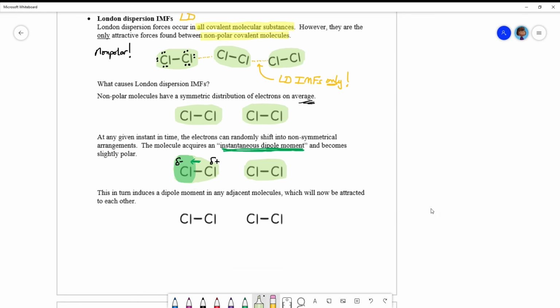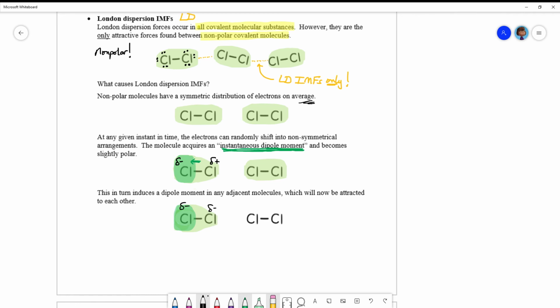So here's how we can think of it. Here's my first molecule, which has its instantaneous dipole moment, with our little positive end and our negative end for an instant.